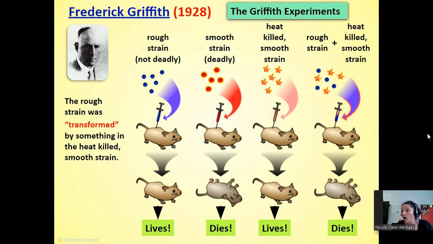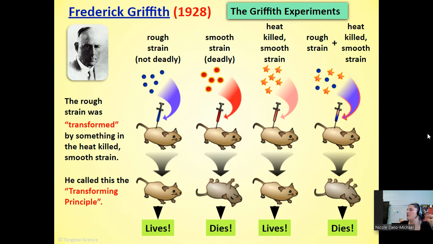He didn't know what caused it, but he did know that something had happened. He was not sure what had caused the transformation to happen, but he was 100% sure that a transformation had happened, because otherwise, how would this poor mouse have died? Something was able to change the rough strain bacteria to make it deadly.